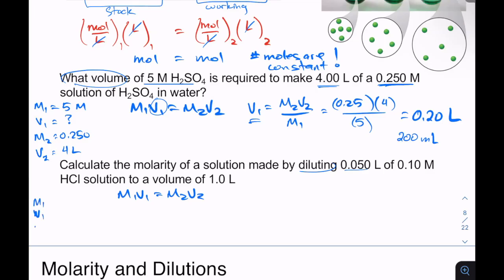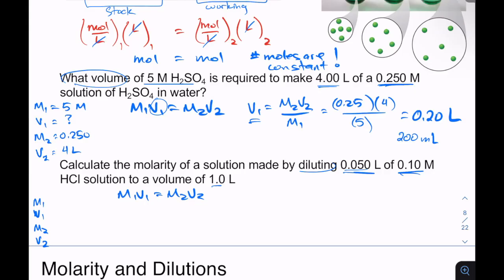The numbers are kind of strange because concentrated is a larger concentration, going to a more dilute one. But look at these numbers and you need to match them up.